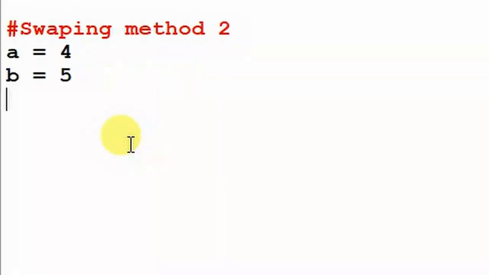In this method I create two variables, and I have only one line to do the swapping. So we can easily remember this method: only one line, a comma b is equal to b comma a.